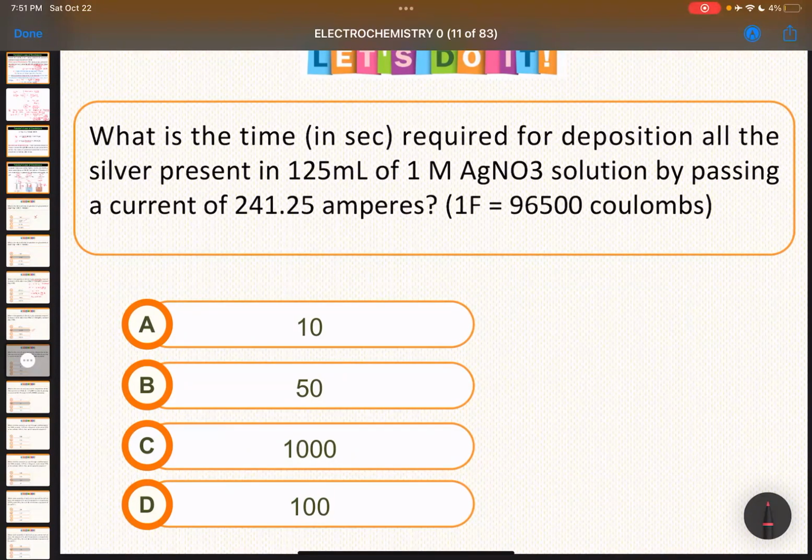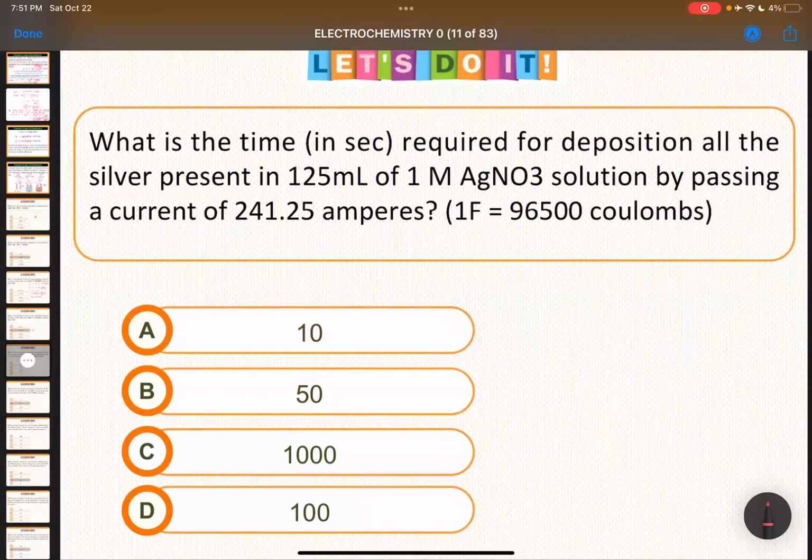So the data given is very easy. Just calculate it and tell me.